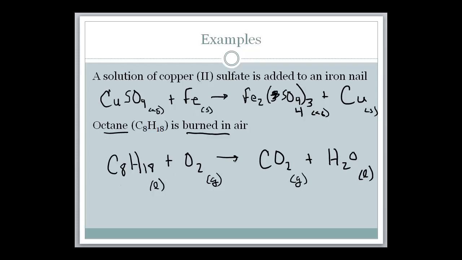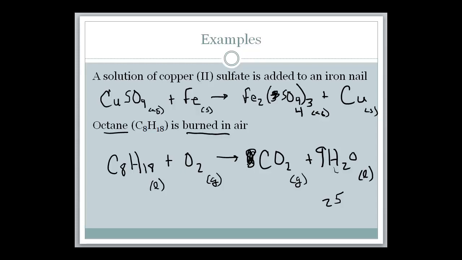Let's balance it. 8 carbons, 18 hydrogens, so that 9 will make that 18 hydrogens. Now we have 16 plus 9, which is 25 oxygens. And again, we have that situation where there's nothing to multiply that to make it 25.